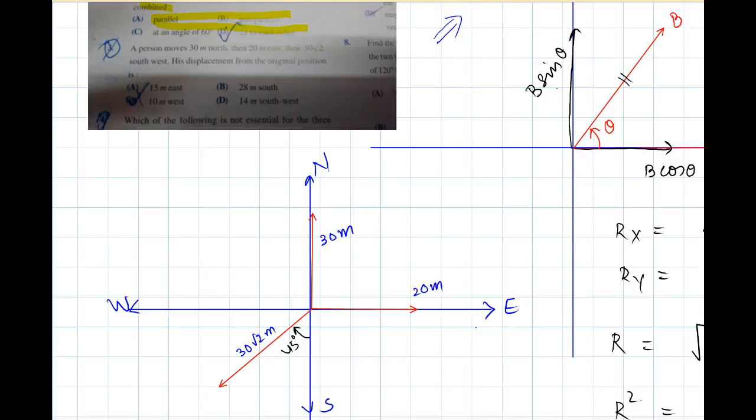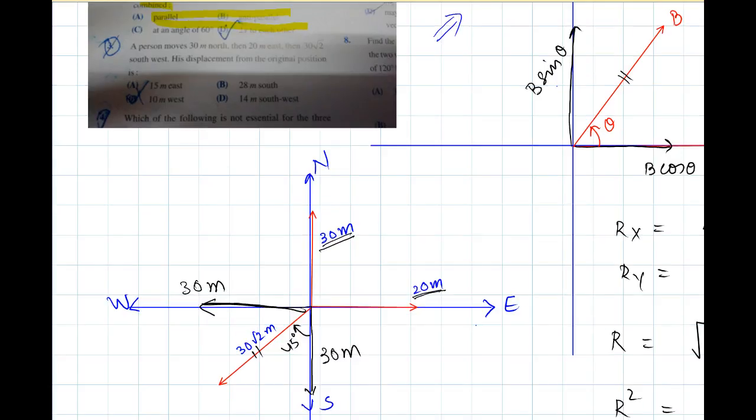Now since I've taken this already along the x-axis, 20 meters, and 30 meters along the y-axis, I can break it down. This will become 30 meters towards south, and this will become 30 meters towards west. Why did it become that?